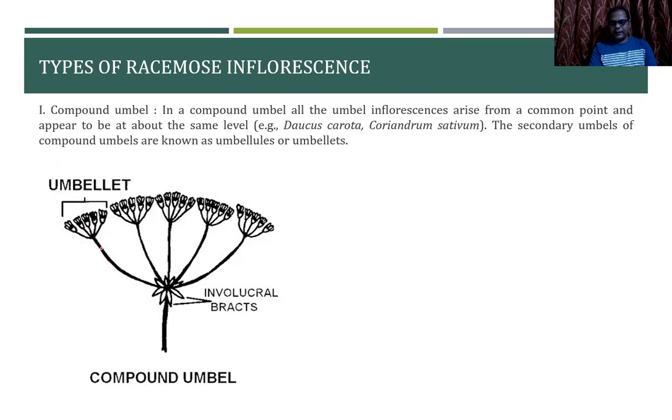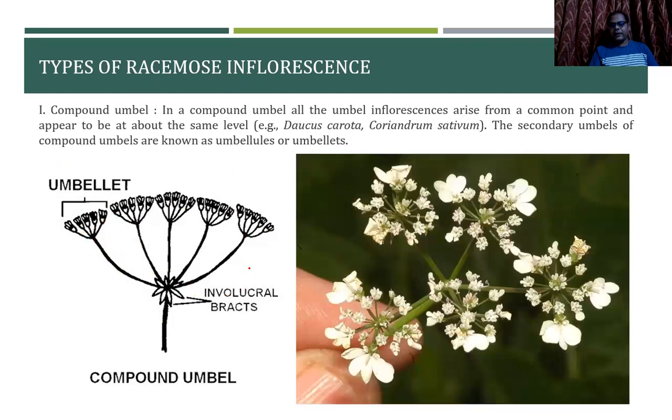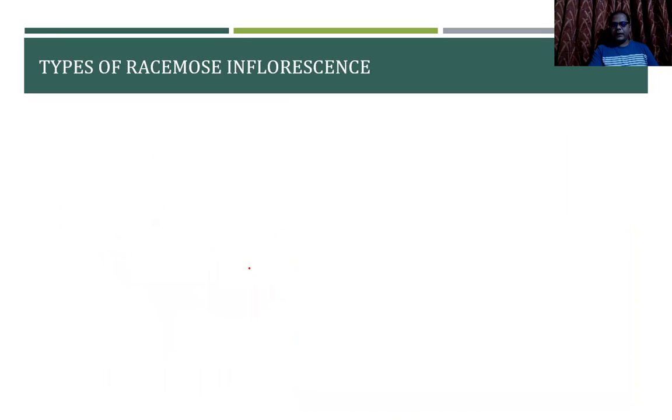Individually, each will be an umbel-like structure, this will be an umbellate, and all these umbellates will form an umbel again, an umbel-like structure. This is called the compound umbel. This is seen in the case of Daucus carota, coriandrum, and this is the characteristic feature of the Umbelliferae family.